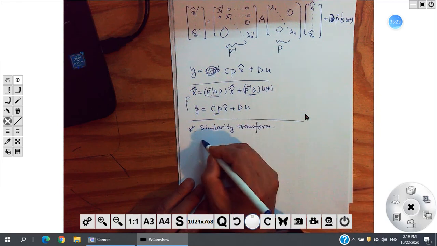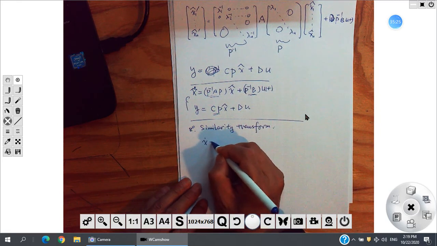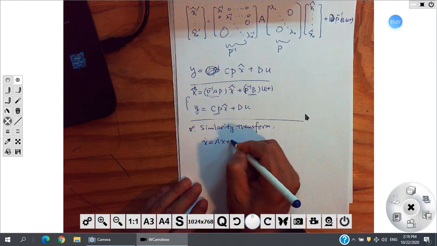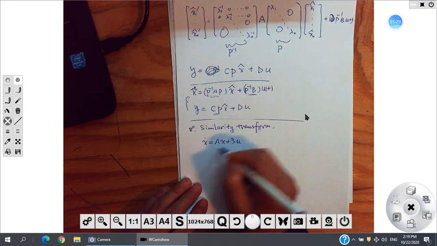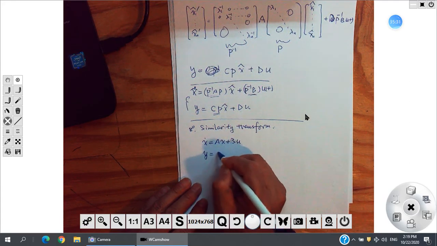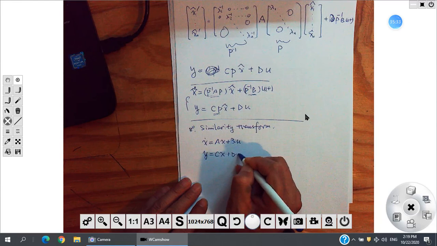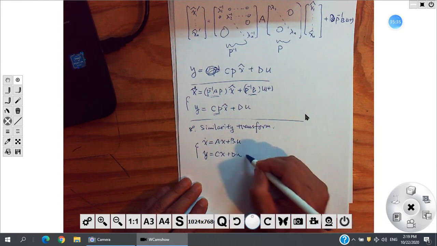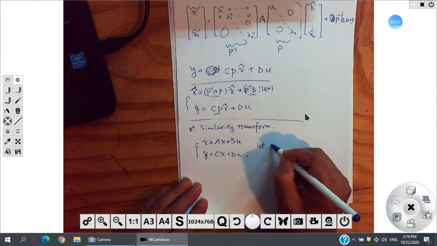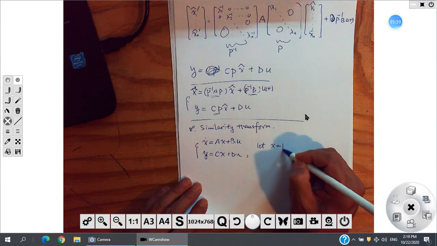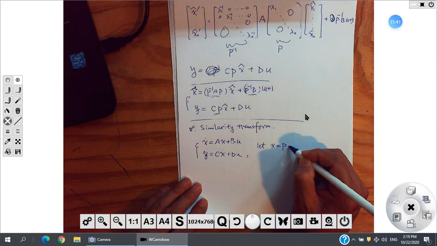Suppose we have a system that looks like this: x dot equals Ax plus Bu, and y equals Cx plus Du. We let x equal some matrix P times x hat.